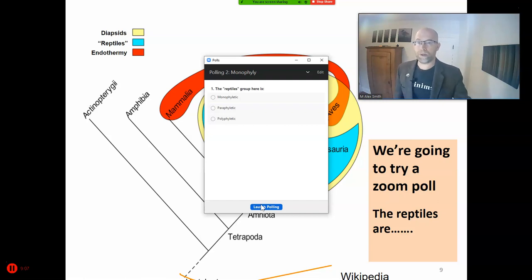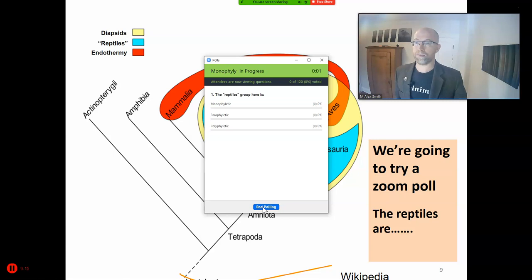You can see 3 colors on there indicating diapsids, reptiles, and endothermy. And this is my question for you. The reptile group, how would you describe it? Is it monophyletic, paraphyletic, or polyphyletic? I'll give you a minute or so to answer. Hello, everybody who's just arriving.